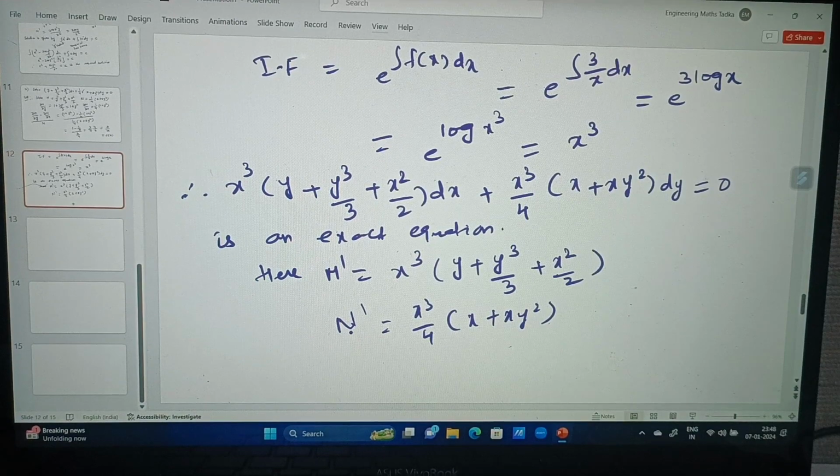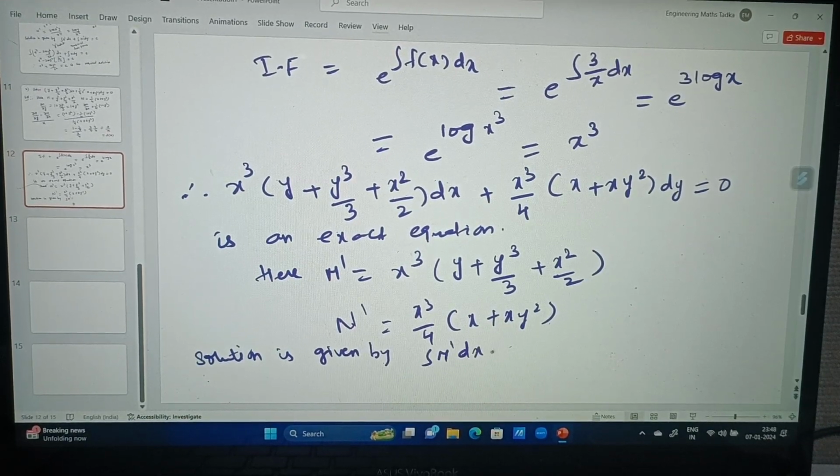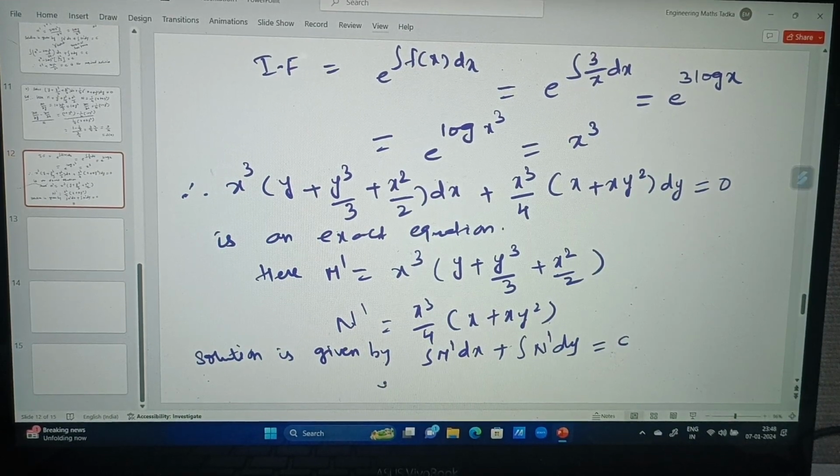Now the next standard step is what? You have to write the formula: solution is given by integral m dash into dx plus integral n dash into dy is equal to c. When you are going to integrate the function m dash with respect to x, y should be treated as constant. When you are integrating the new function n dash with respect to y, consider only the terms in n dash which are free from x.